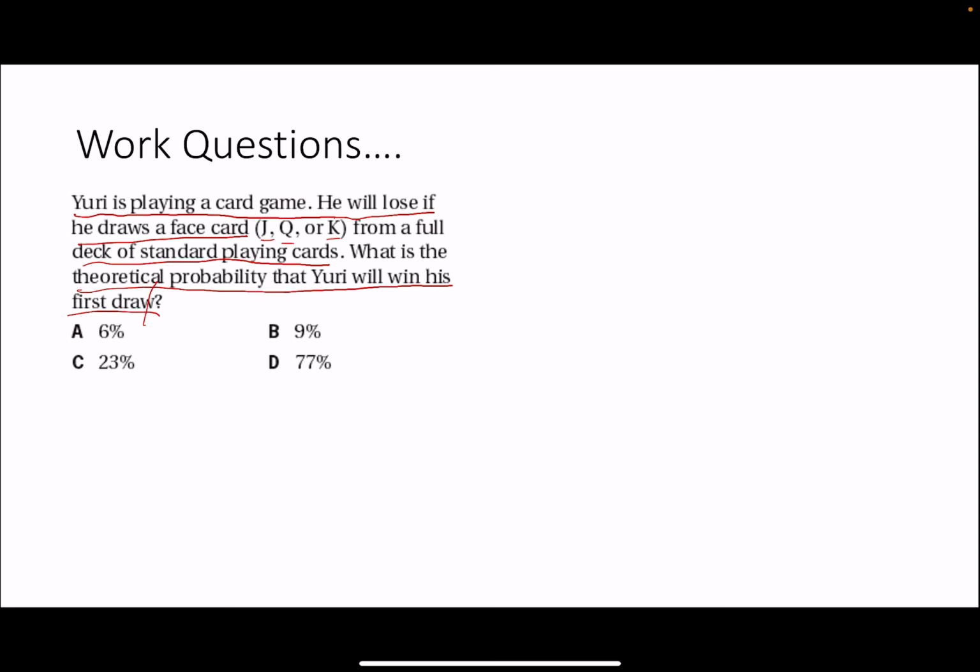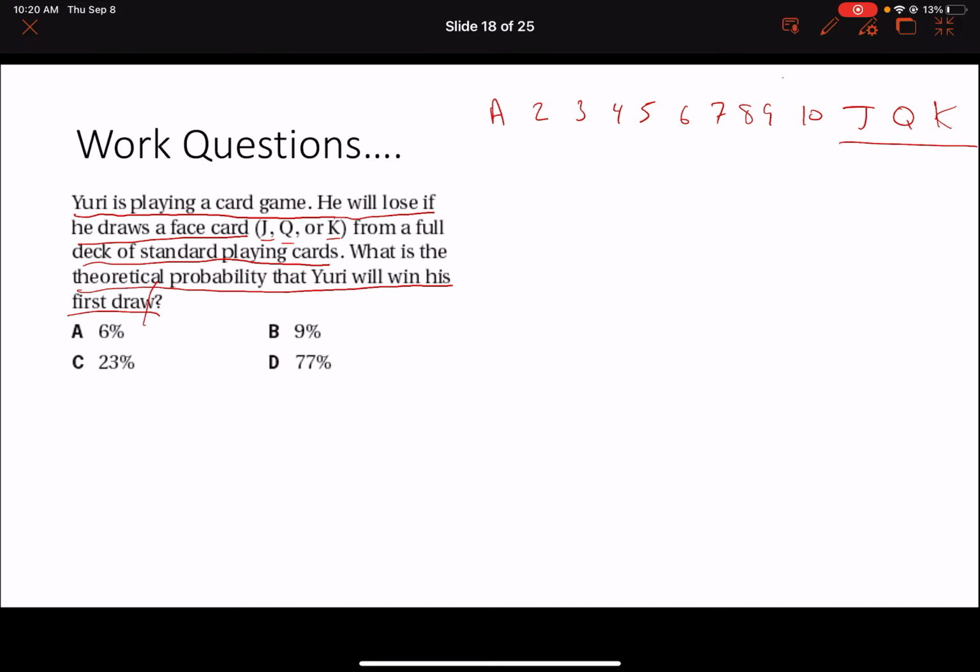So if you don't know, a deck of cards has ace, 2, 3, 4, 5, 6, 7, 8, 9, 10, J, Q, and K. These are face cards. So that means Yuri will lose if he draws a Jack, Queen, or King.